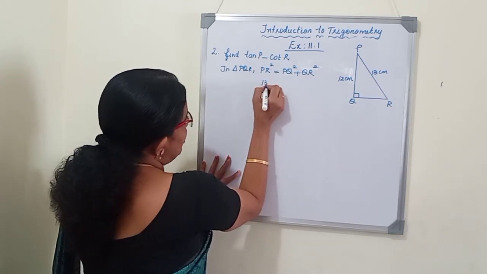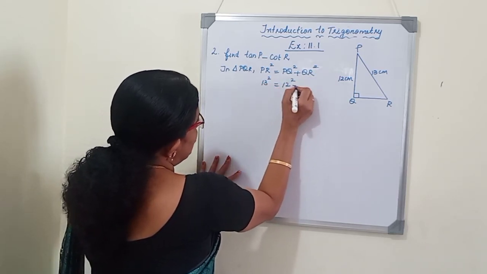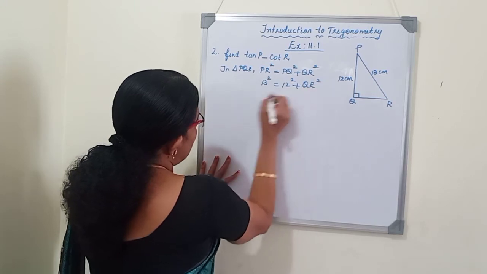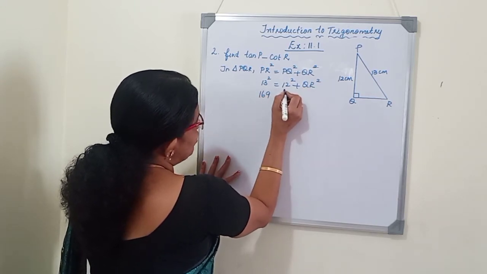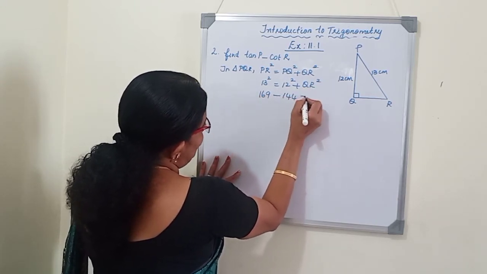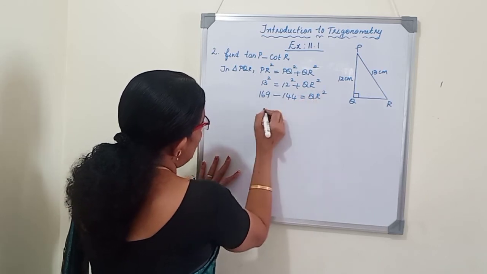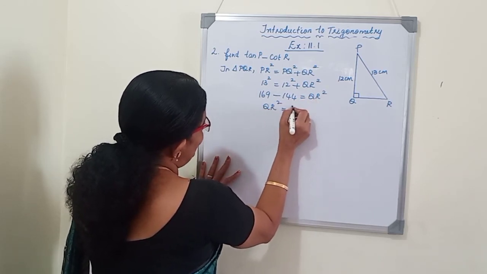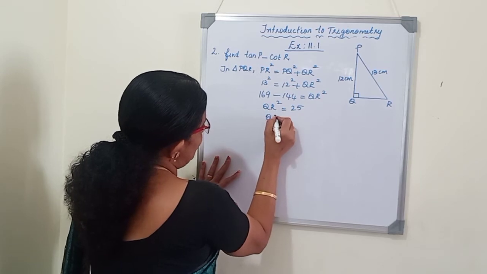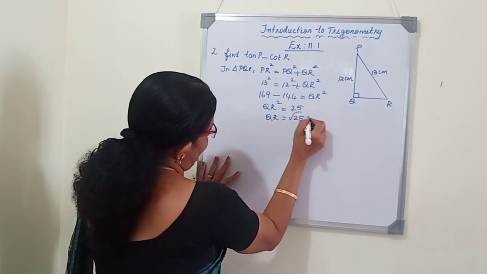So, 13 square is equal to 12 square plus QR square. 13 square is 169, 12 square is 144, minus 144 equals QR square. QR square equals 25 and QR equals square root of 25, 5.